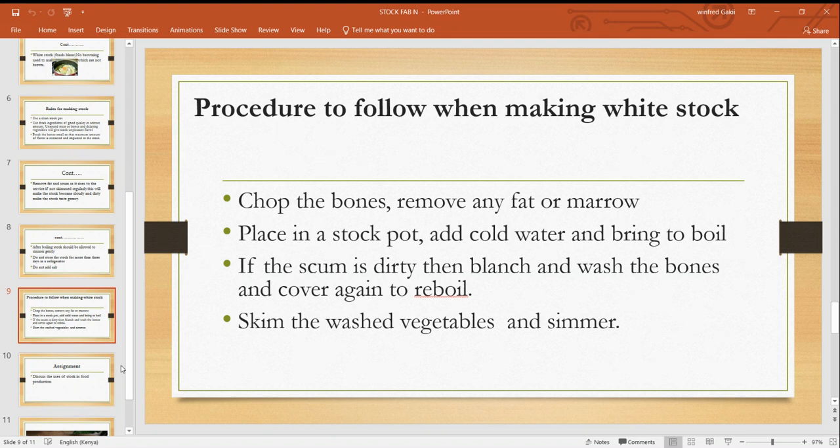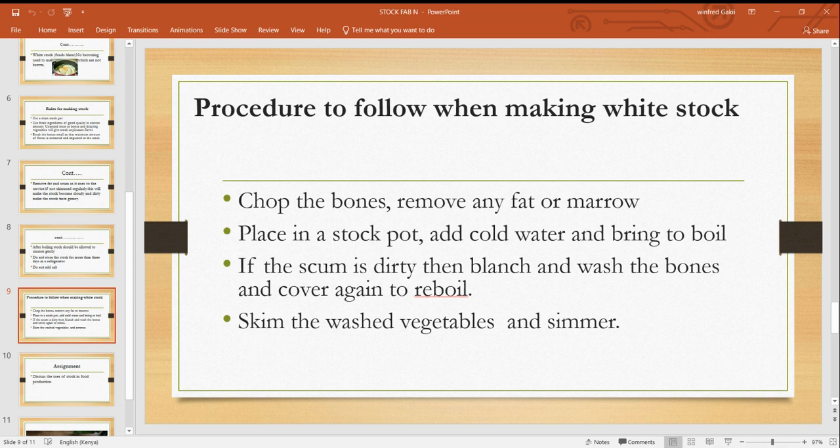Someone else can volunteer. Okay, so these are the procedures to follow when making white stock.